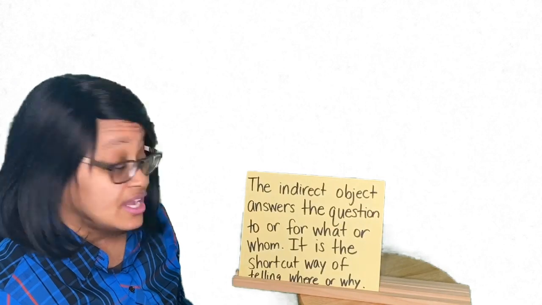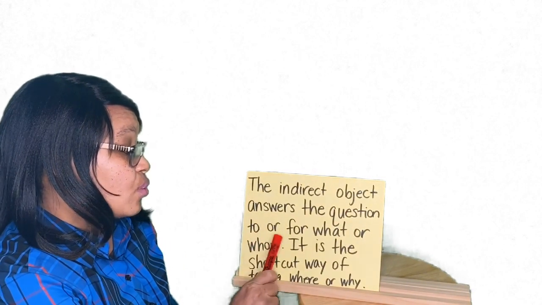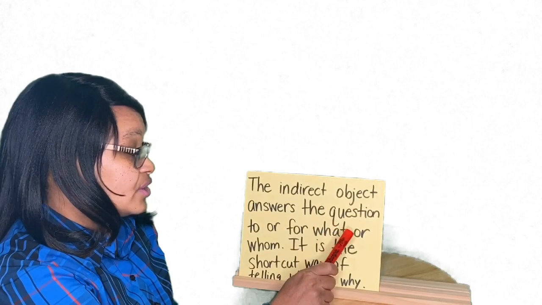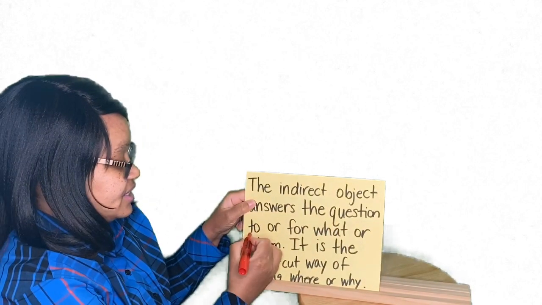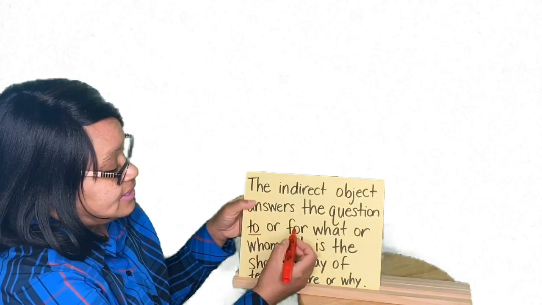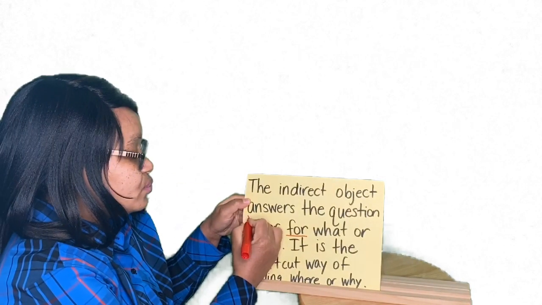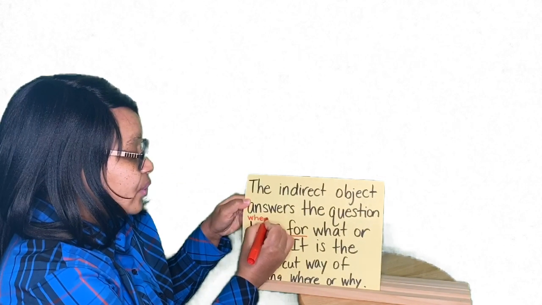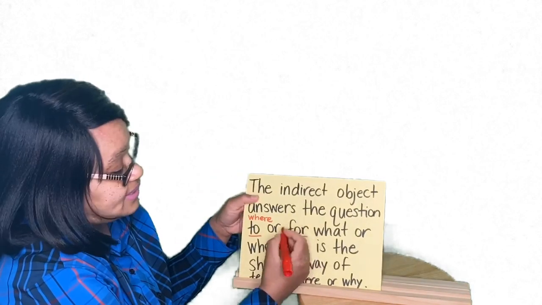So the indirect object answers the question, to or for what or whom. So it answers the question, to, I am going to do what? For what? So to would be our where or what.